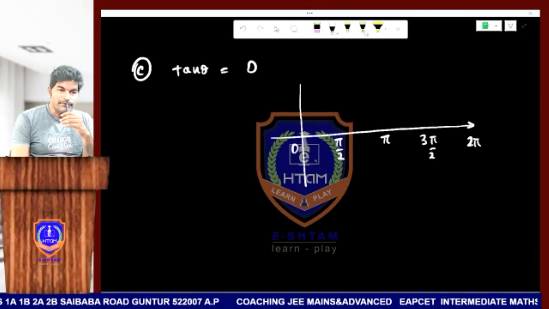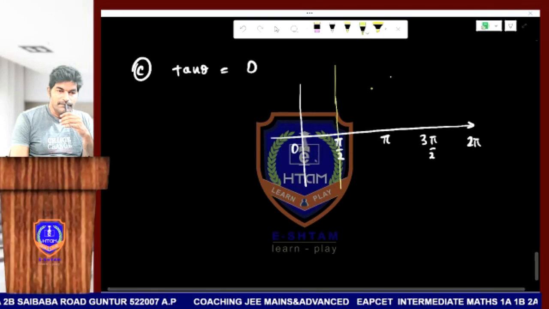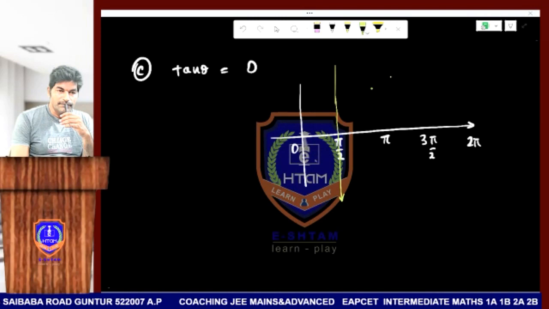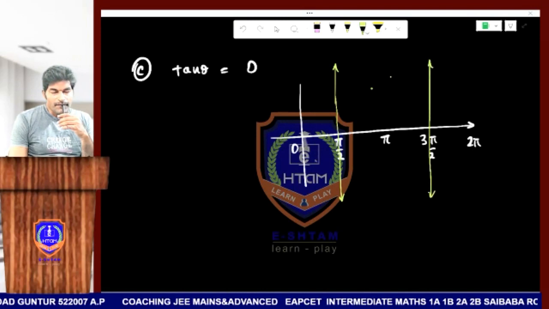And therefore, draw the 90 degree lines, and the 3 pi by 2 line. Especially for tan only, you have to draw this kind of lines.